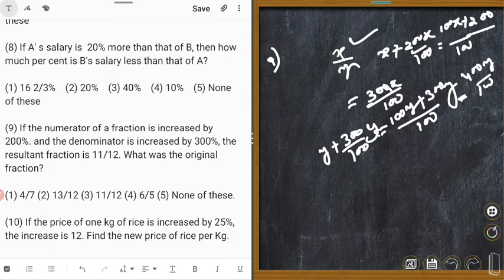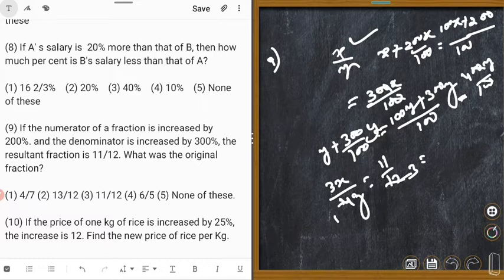So, this is 0, 0 cancel. That means as per the question, 3x upon 4y is equal to how many? 11 upon 12. 4 1 the 4, 3 the, is equal to 9x, sorry, x upon y is equal to 11 upon 9.